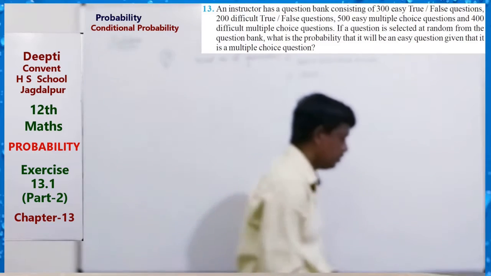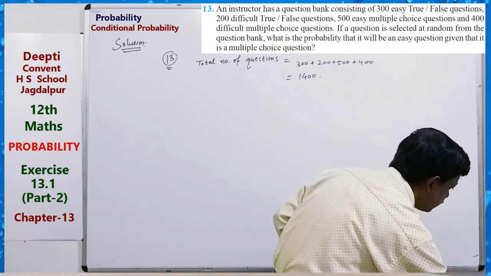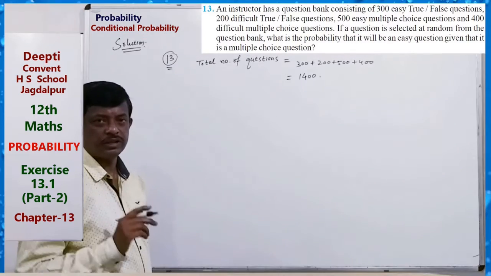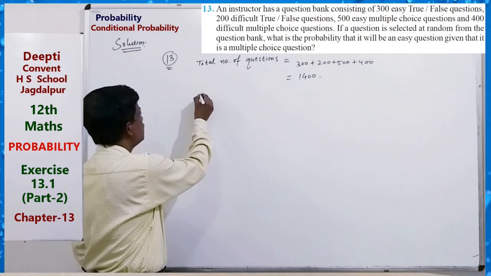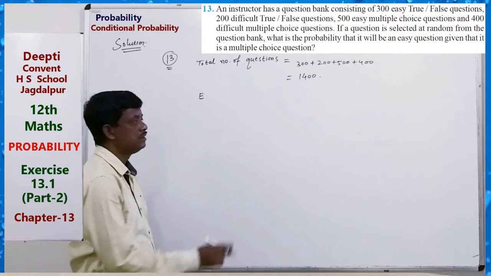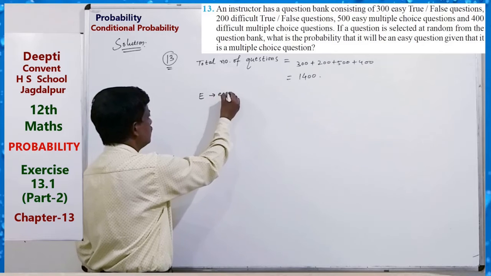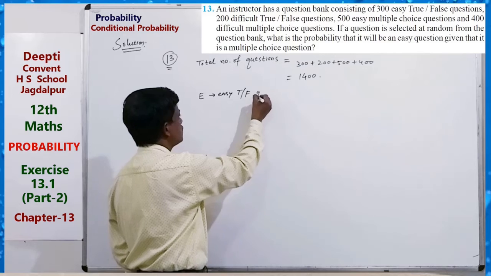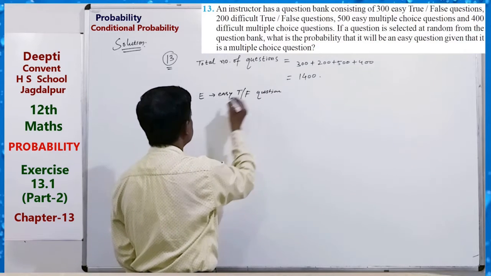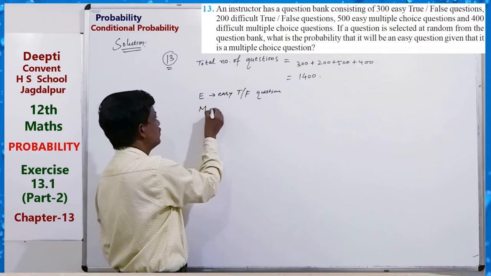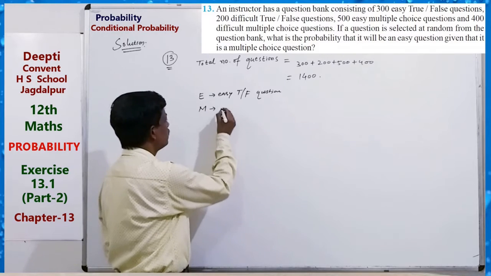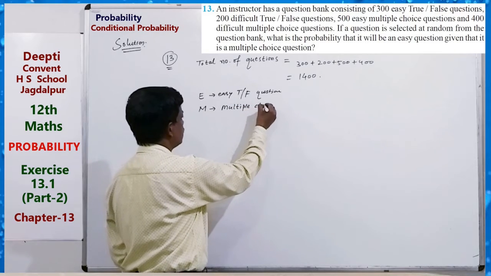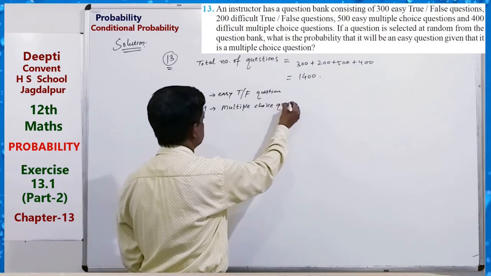Okay, total number of questions. Clear. Now, we are denoting easy questions, true false questions, and multiple choice questions.